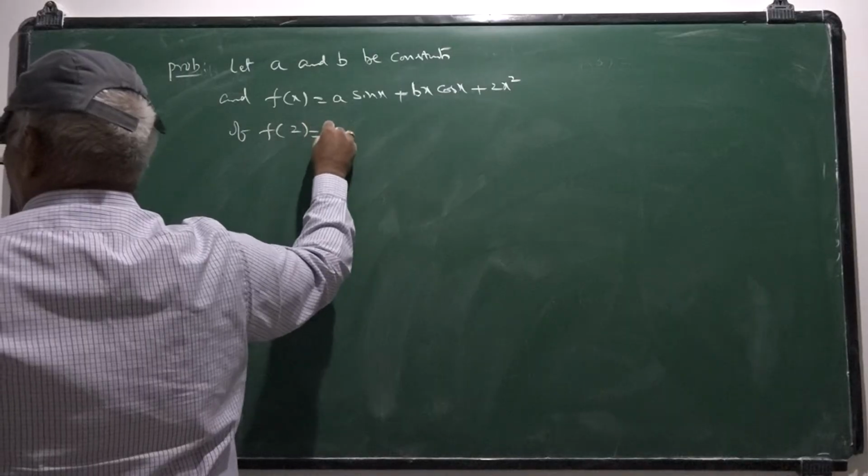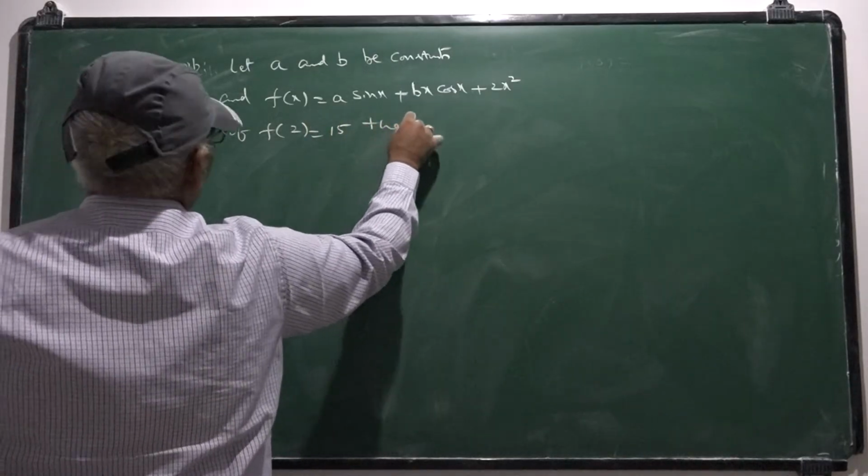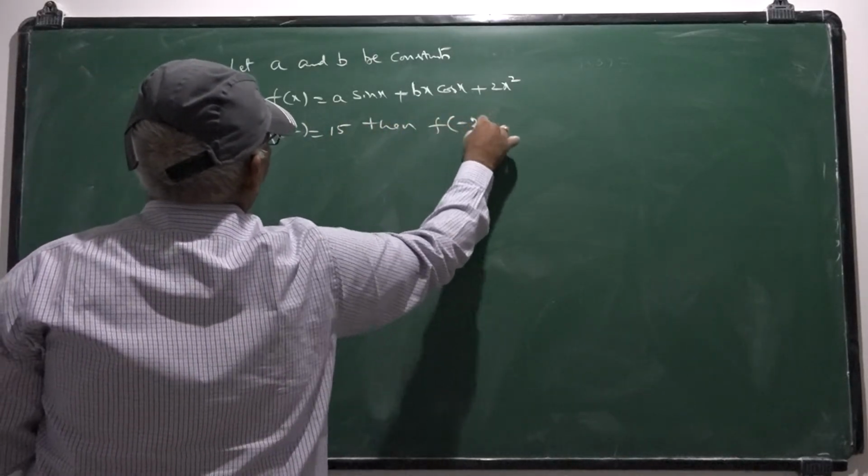If f of 2 equal to 15, then find the value of f of minus 2.